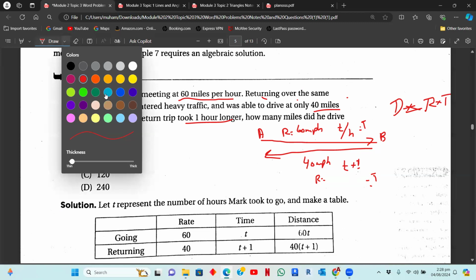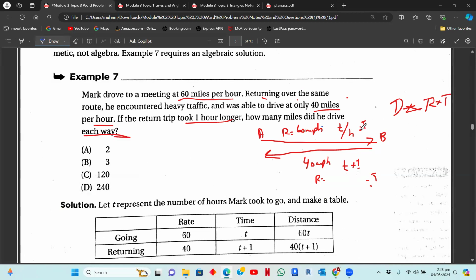Rate was 60 when he was going and the time was t, so we've got 60t as the distance. And when he was coming back, it was 40 into t plus 1. So 40 times t plus 1 is the distance when he was returning.